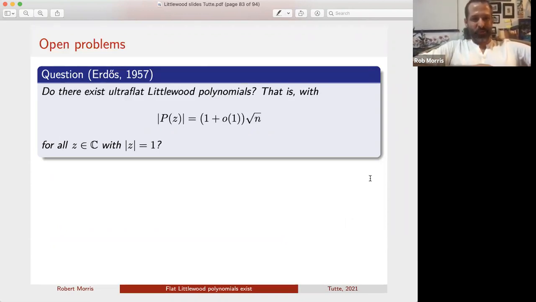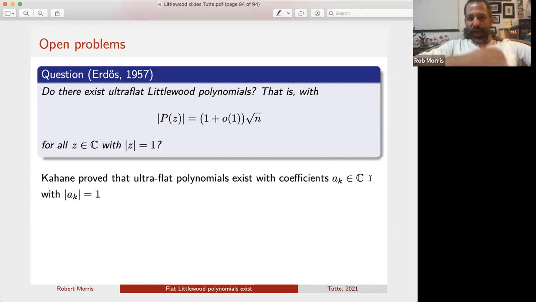So the first open problem is also a question of Erdős from the same paper. Do there exist ultra-flat Littlewood polynomials? So can you make the 2 constants the same? Erdős thought that maybe this might even be true for coefficients with modulus 1. But as we saw earlier, Kahane showed that that's false.